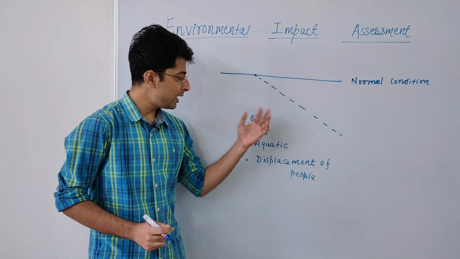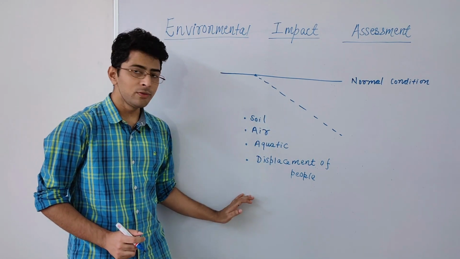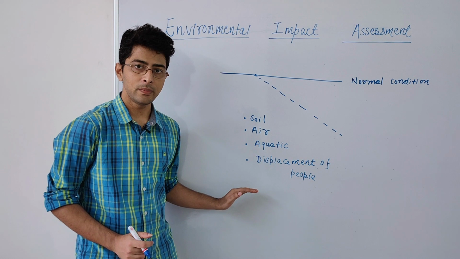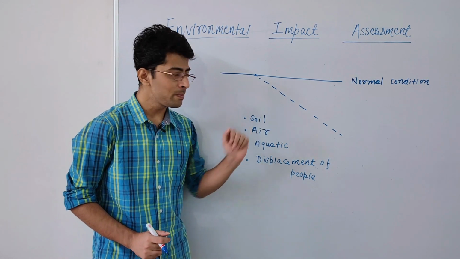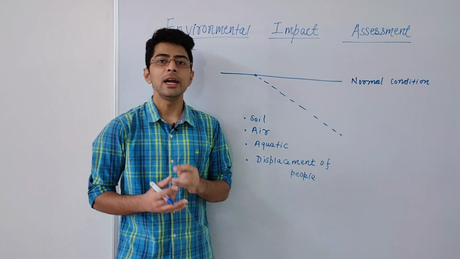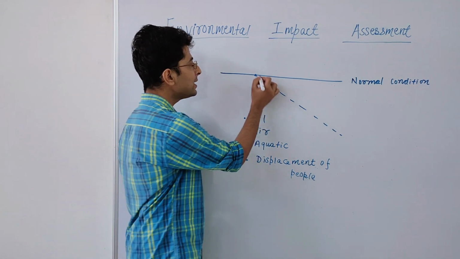So EIA will help us to identify all the environmental concerns in detail which is related to this particular project, that is construction of dam. At the same time, it will help us to minimize the impact.